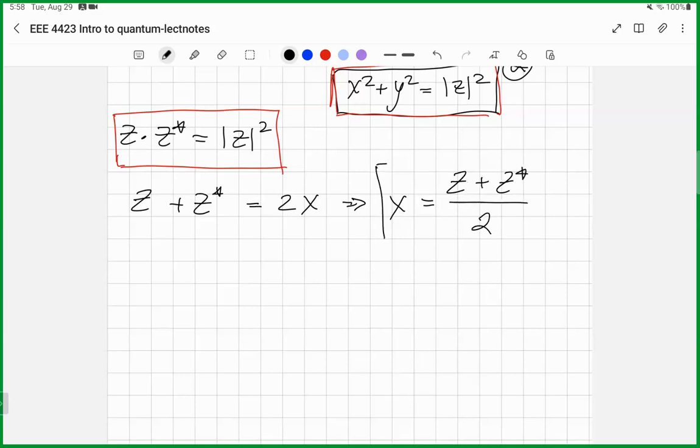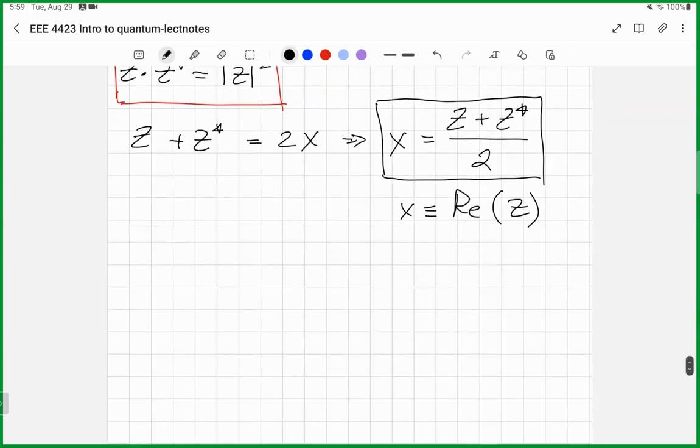So this is the real part of complex number z. So if you take the conjugation of this complex number, take the sum of the two, divide by 2, this way you get the real part of the complex number. So x is nothing but the real part of the complex number.